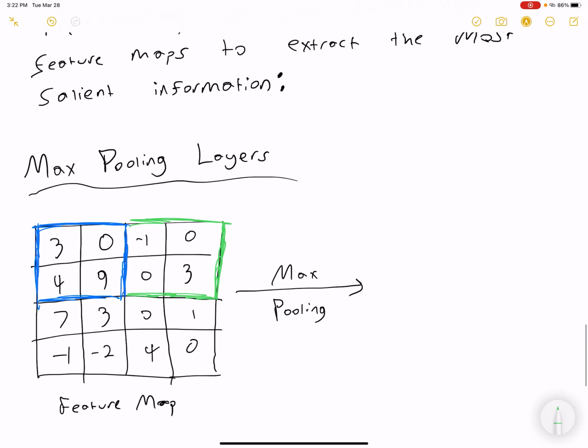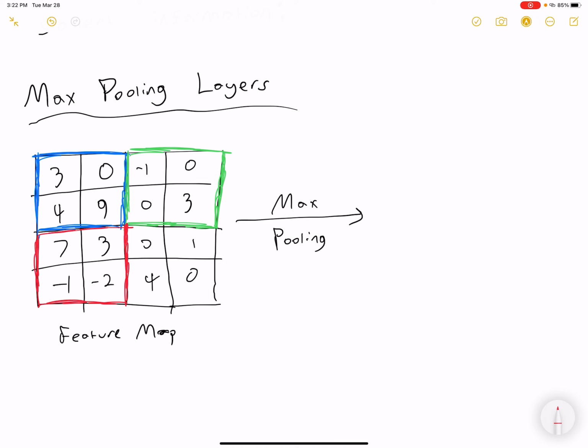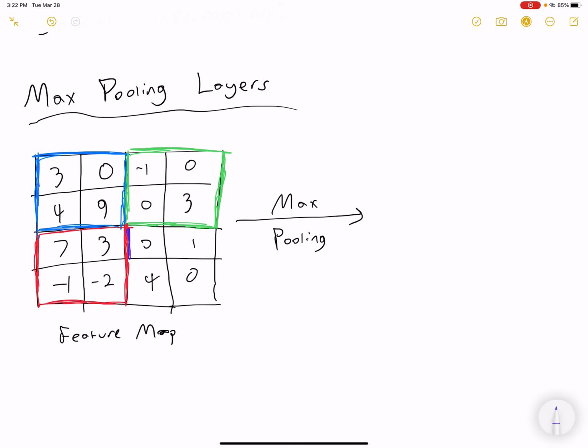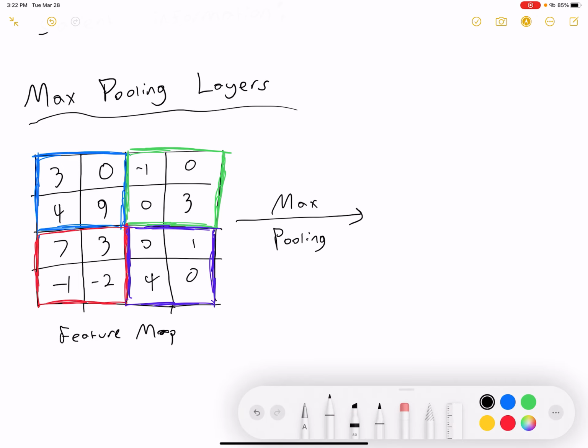So 4 different windows, and in each of the windows, we get the largest number in that portion of the image or feature map, which can be visualized.